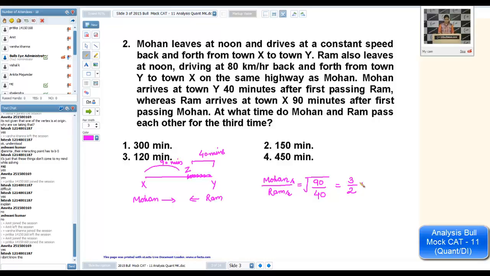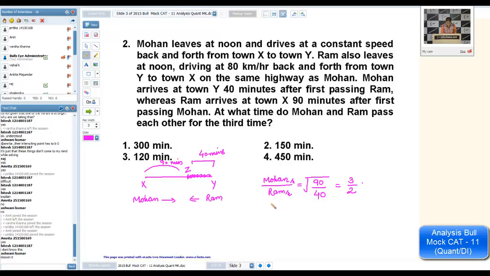That is a particular type of question. Okay, Hitesh, I'll explain this. And one more shortcut I'm using here. Whenever these types of constraints are given in a particular question, these many situations only, then the time taken to meet for the first time will be nothing but the geometric mean of their two times.